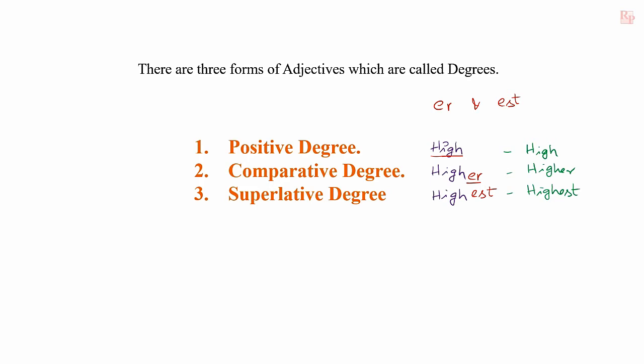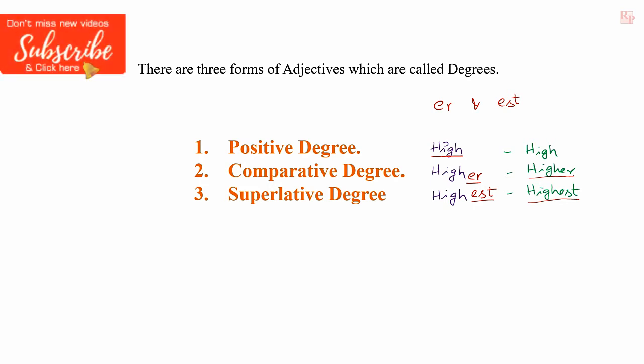You have to say higher, h, i, g, h, e, r, higher. And when you want to use this word in superlative degree, you have to add est at the end of high and make it highest. High, higher, highest. The three forms of high are high, higher, highest.